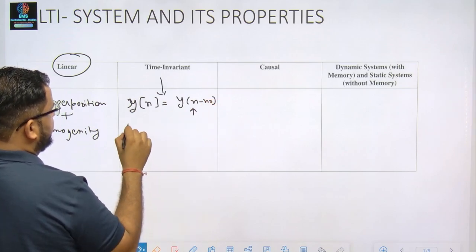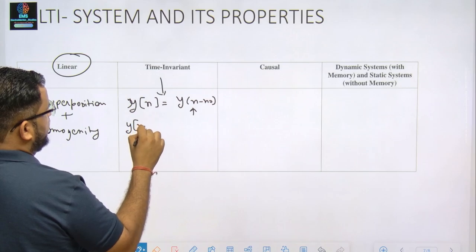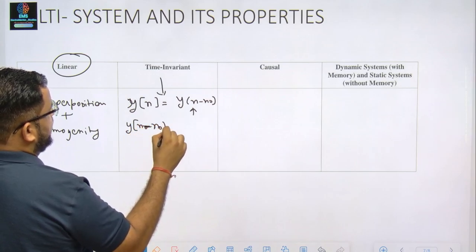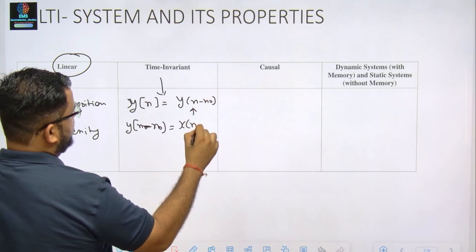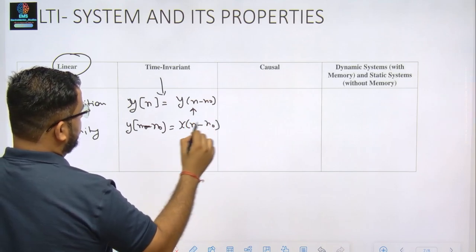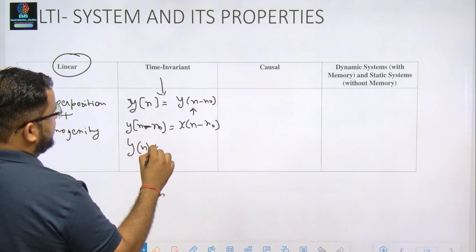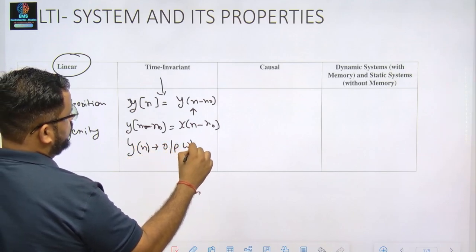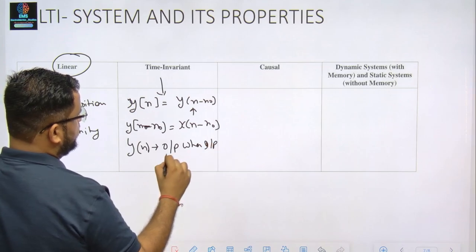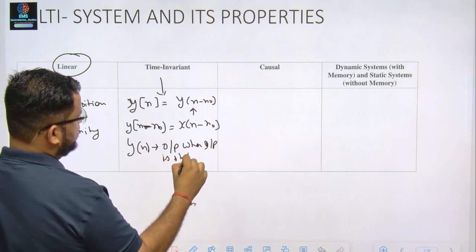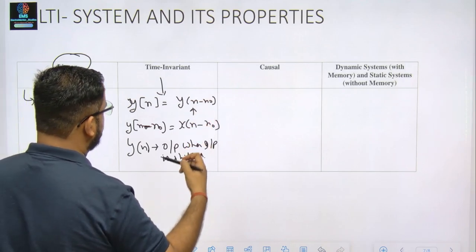So what is my y[n minus n0]? y[n minus n0] is nothing but x[n minus n0]. And what is y[n]? y[n] is the output when the input is shifted. So just write two lines.